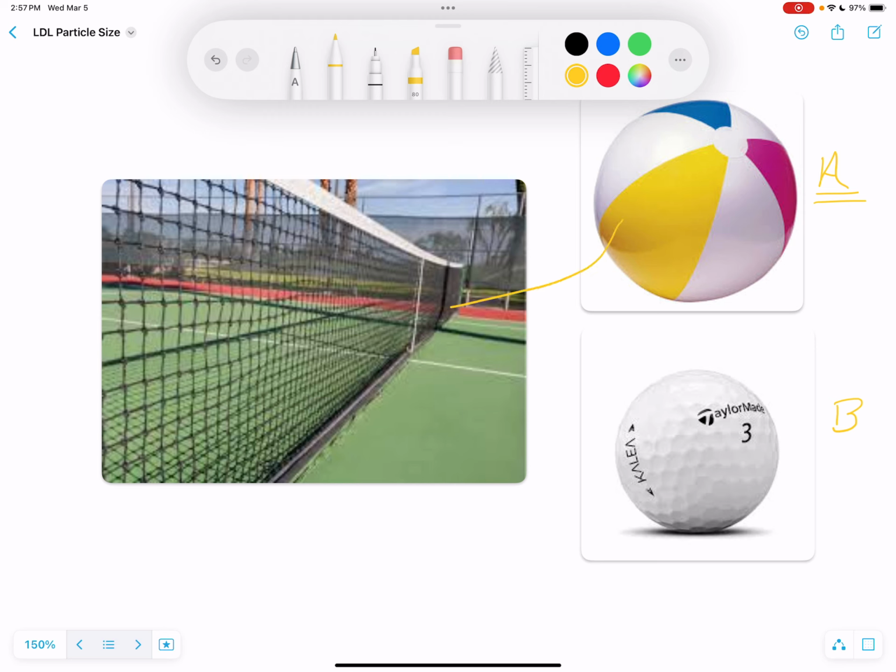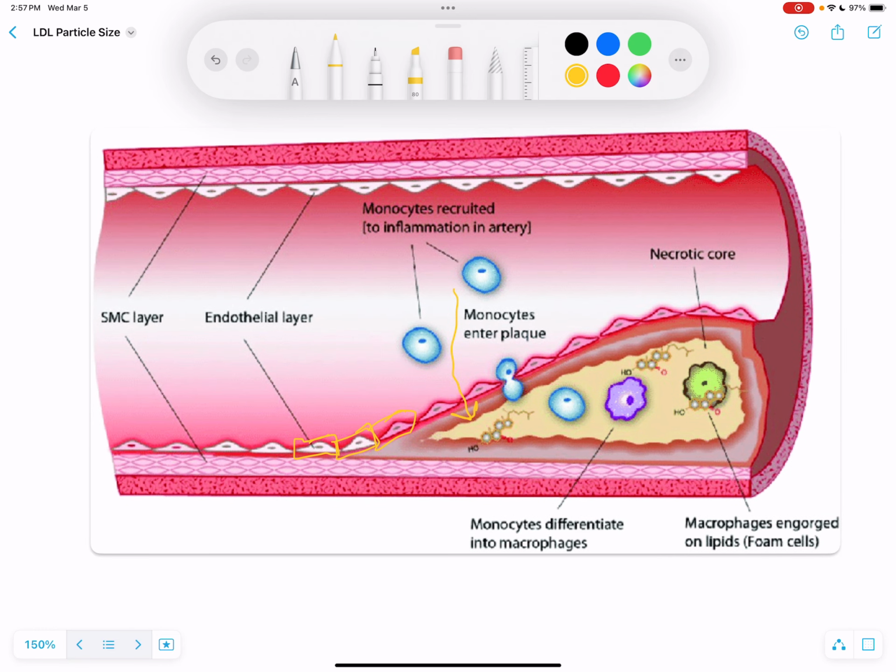That beach ball's not going to make it through the endothelial layer. It's going to fall to the ground. It's not going to make it to the tennis net. However, the small, dense LDL, like a golf ball rather, will go straight through that endothelial layer, and that's where they have the potential to deposit right here into the artery wall.